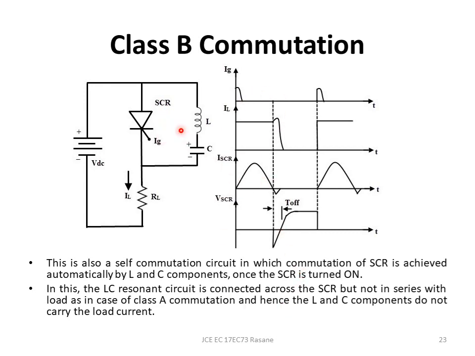So let us see, at this point the capacitor is initially charged with plus and minus because the SCR is off. Now the SCR is forward biased, hence ready to be triggered. At t equal to 0, at this instant, we are triggering the SCR.